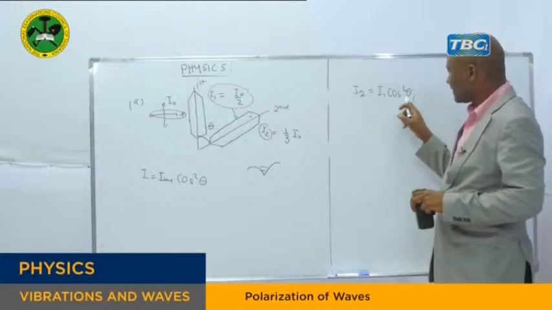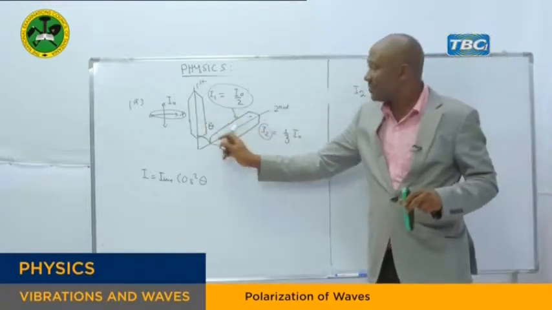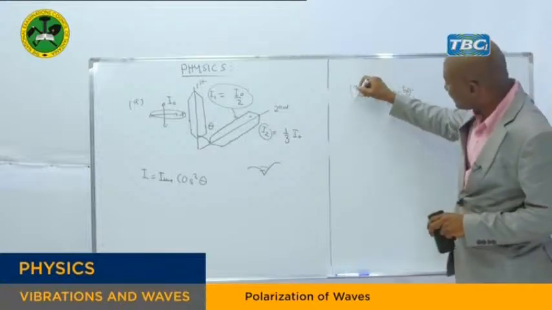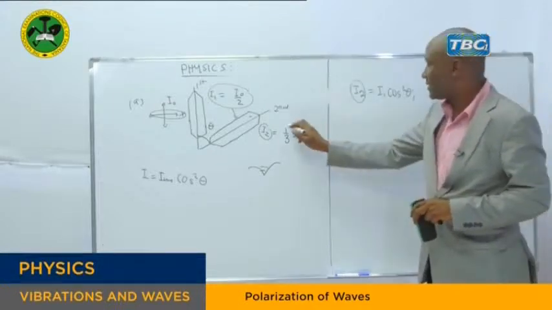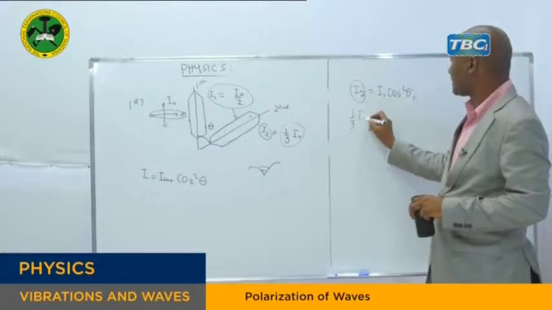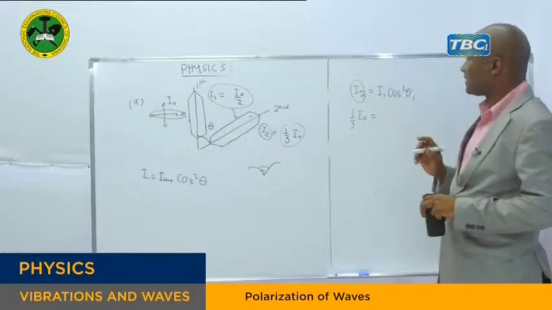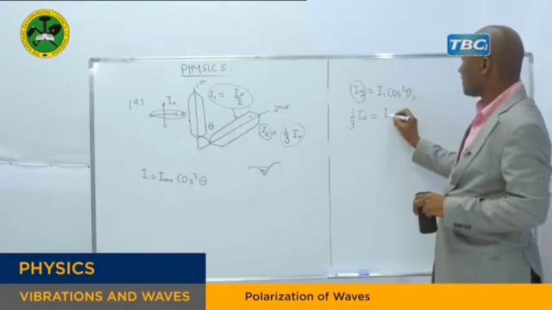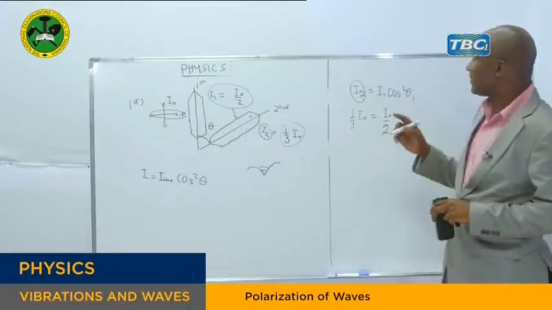I said this angle is the one between the two polarizers. Now we have I2, it's I0 over 3. Do you have I1? Yes, I1 is half of I0.